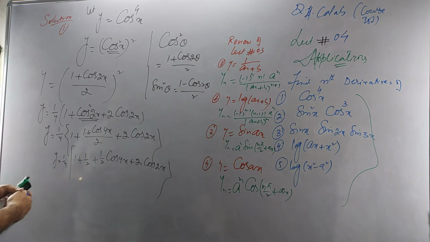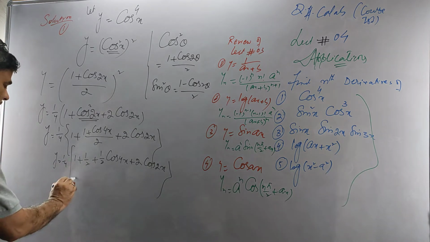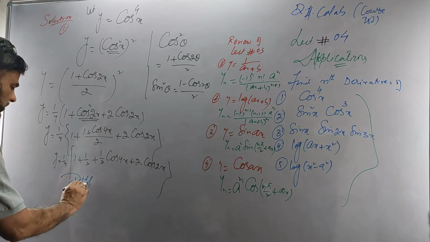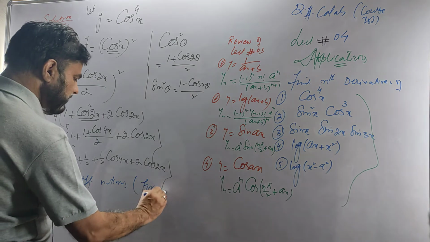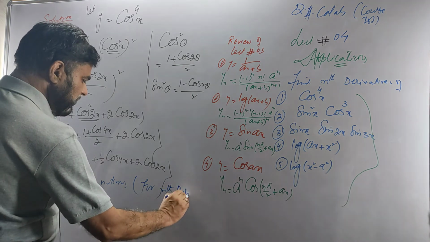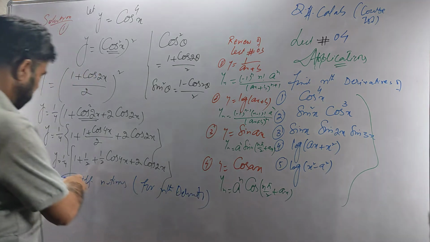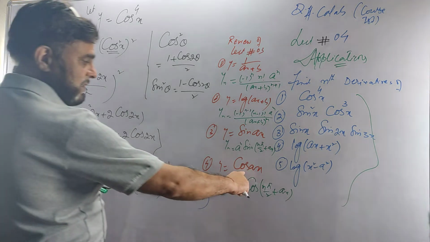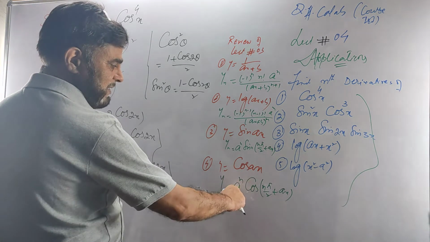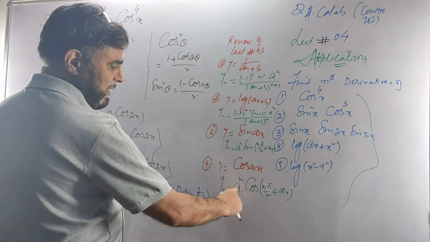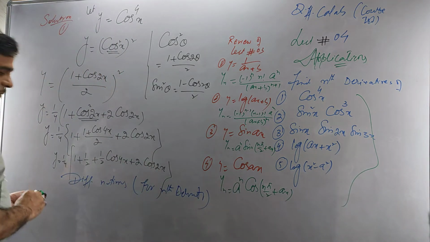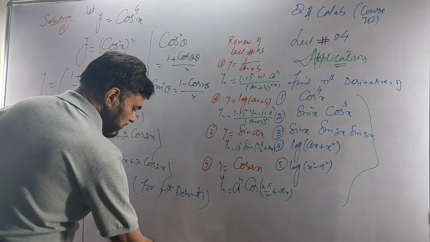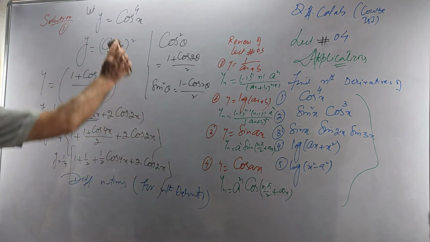What is the nth derivative? You differentiate n times. I have the nth derivative formula for cos of ax, which is a raised to power n, where a stands for the coefficient of x in the angle. So here I have the coefficients 4 and 2. Now I will use this formula to write the nth derivative.